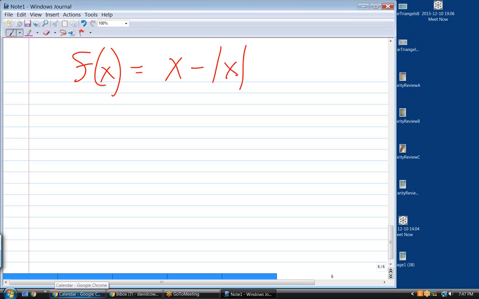This is not a translation of an elementary function. So I have to look at it slightly differently. Okay, I'm going to look at it as a piecewise function. When x is greater than or equal to 0, what is f of x equal to?